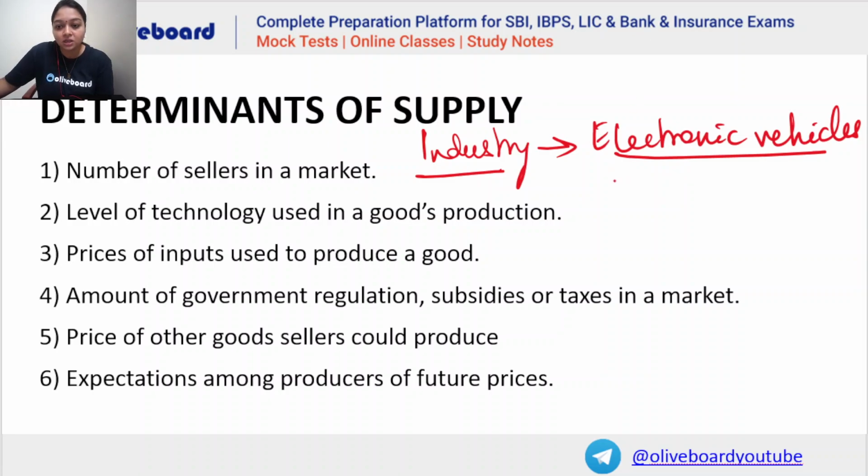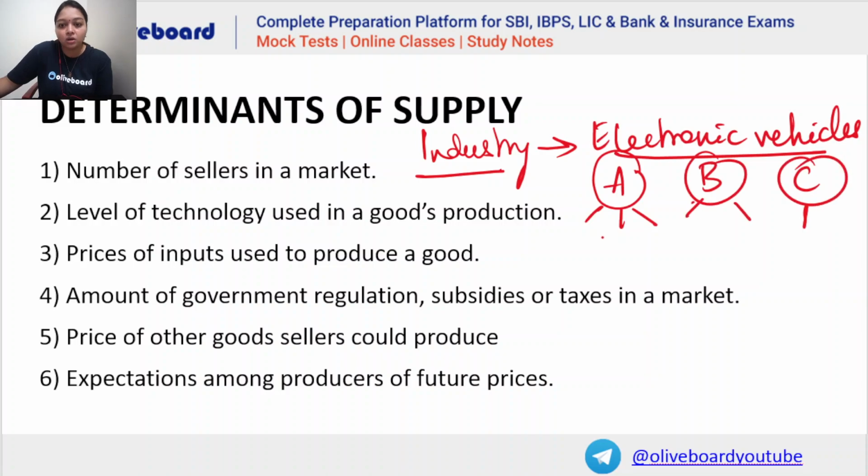Let us say there are only 3 manufacturers of electronic vehicles, A, B, C, right? So you can either purchase from A. Let us say A has 3 models, B has 2 models, C has only 1 model. So altogether, how many do we have? We have only 6 products in the market, 6 electronic vehicles, albeit they are from different brands. But overall, the consumer has a choice of only 6 products, right?